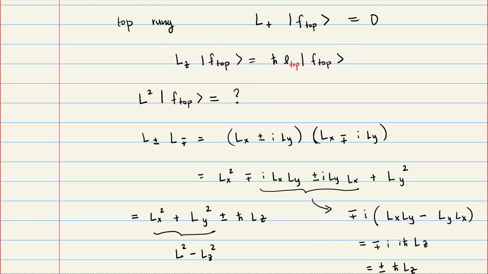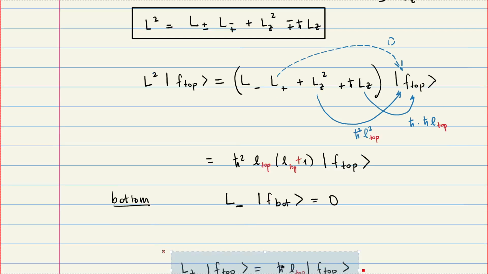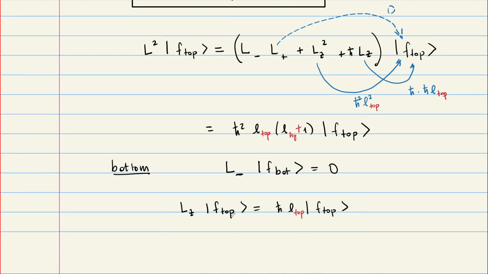And now let's define an equation for the eigenvalue of Lz. Now we are interested in F bottom. It's going to have an eigenvalue; let's call it h bar times l bottom, and this is Lz F bottom. And the question is, what is the effect of L squared on the same state?